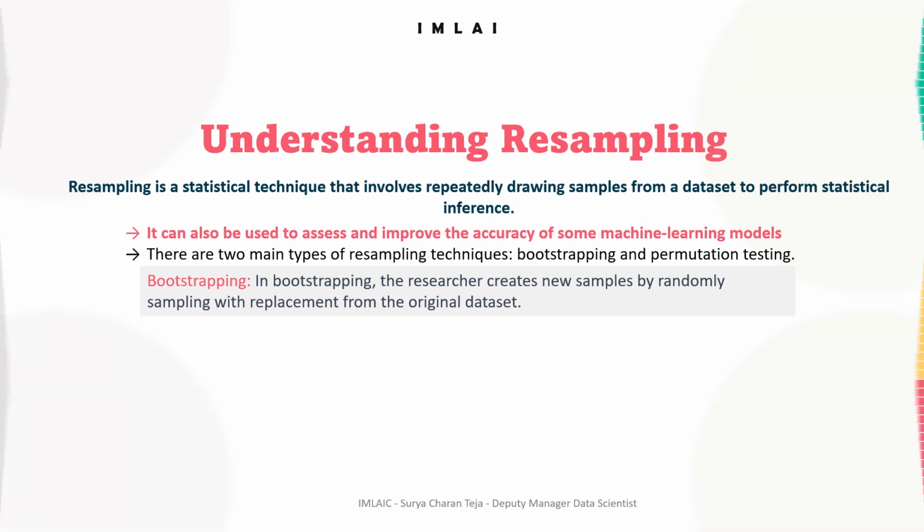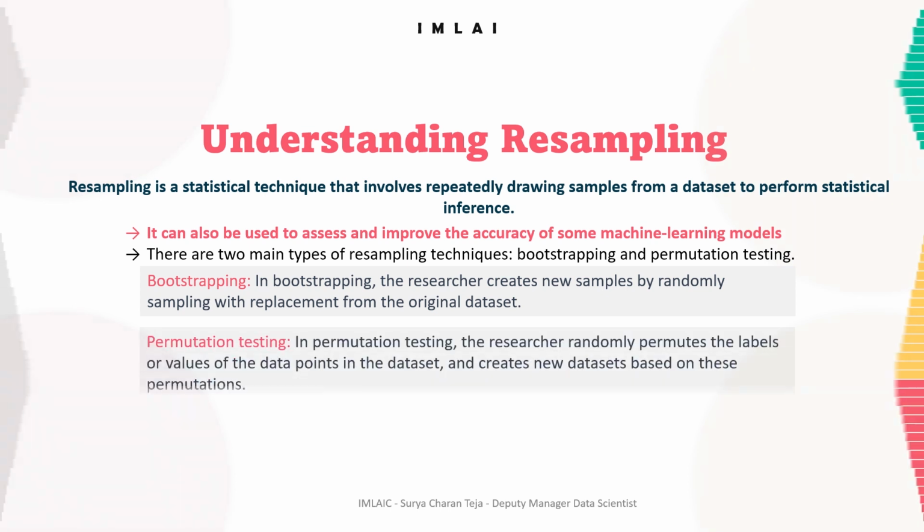The size of each bootstrap sample is typically equal to the size of the original data set. By creating multiple bootstrap samples, the researcher can estimate the variability of statistics such as the mean or the standard deviation and calculate confidence intervals for those statistics.